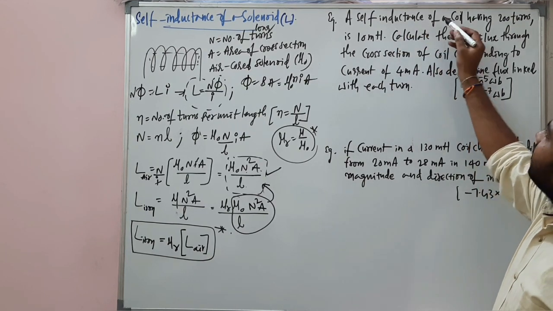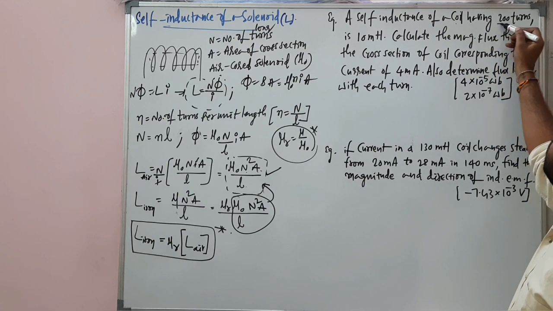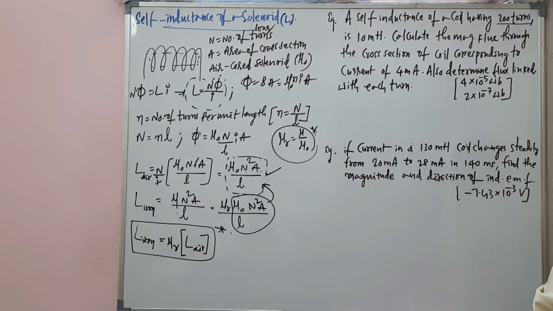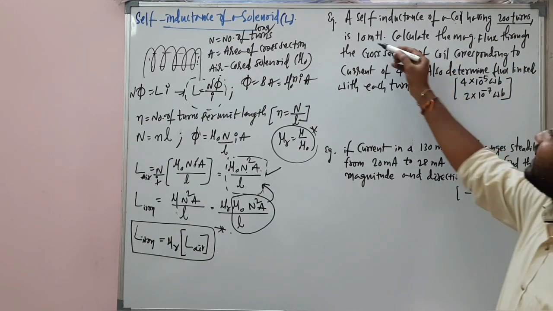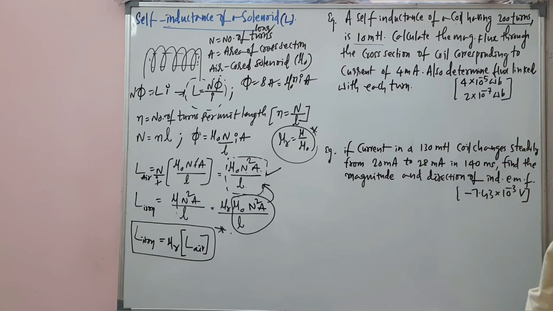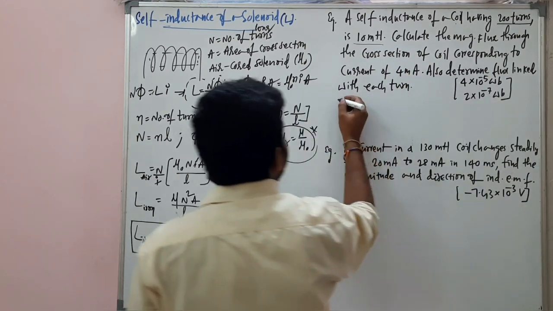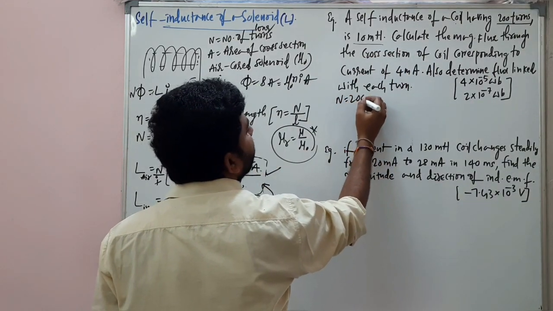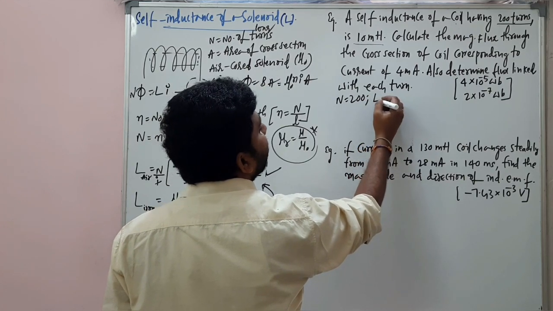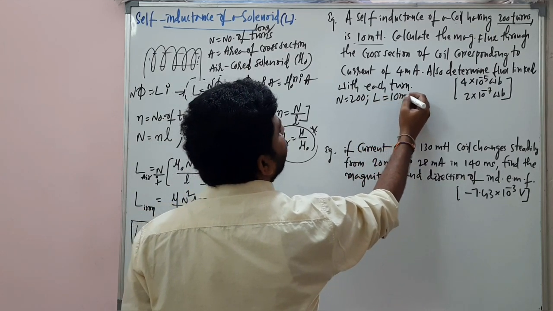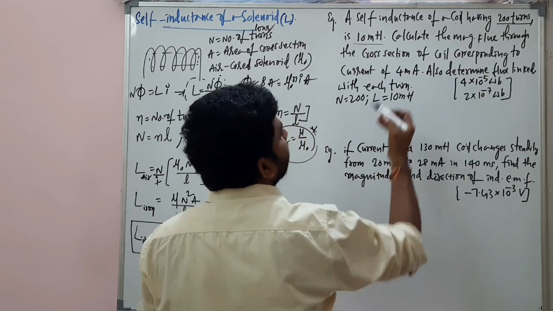A self-inductance of a coil having 200 turns is 10 millihenry. So the number of turns are 200 and inductance is 10 millihenry.